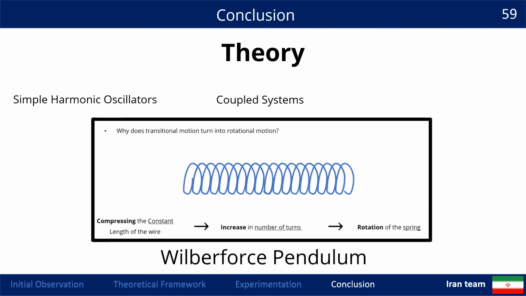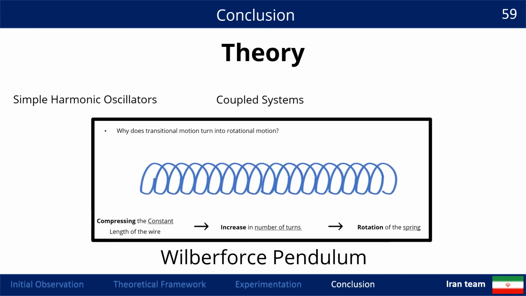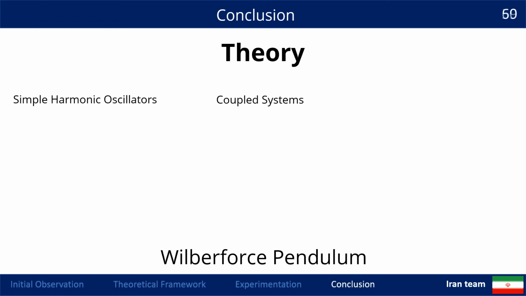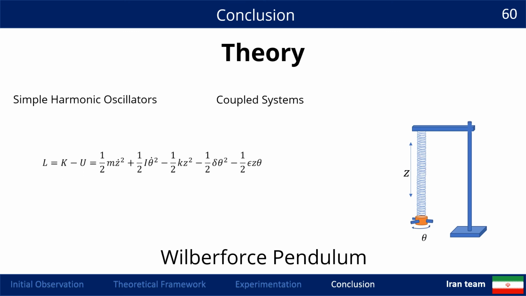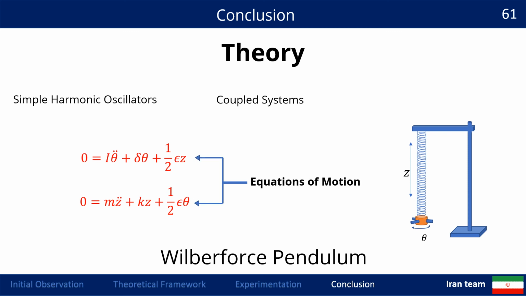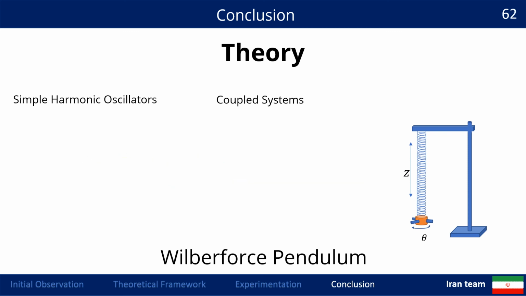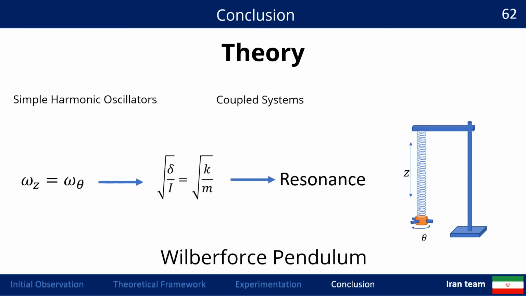We first qualitatively described why translational motion turns into rotational. Then we used the energy or Lagrangian approach, and when we simplified to obtain the two equations of motion for the pendulum, we then simplified them even further to obtain the normal modes of the system, and we discussed resonance.